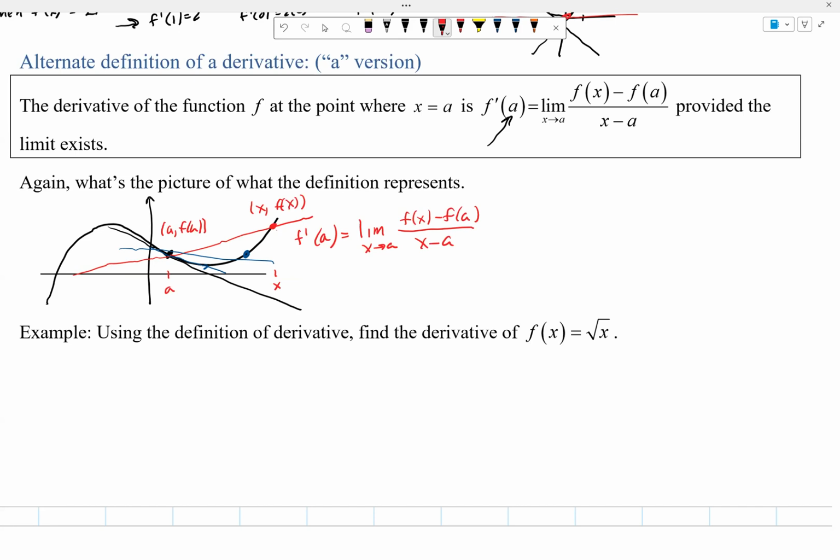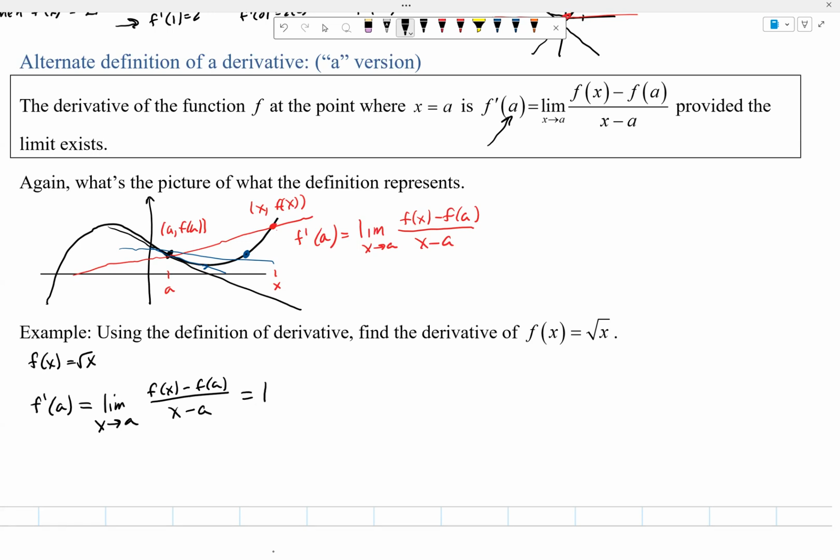Let's take this for example. We're saying f of x is the square root of x. And I'd like to find out what the derivative function is. Also, I'm going to find out the derivative at A. According to our definition, the limit as x approaches A of f of x minus f of A, is the difference in y values, or the rise, divided by x minus a, the difference in x values, that's the run.